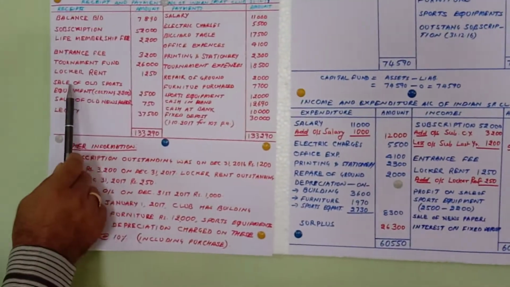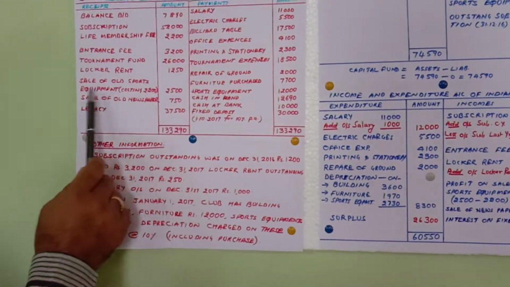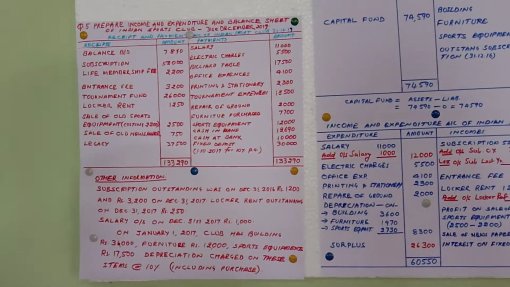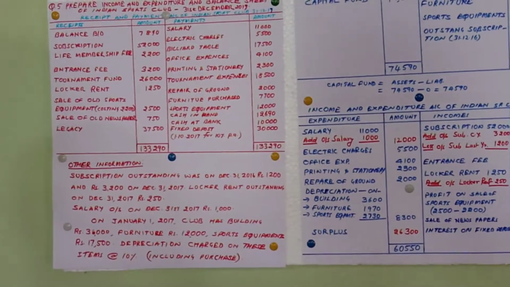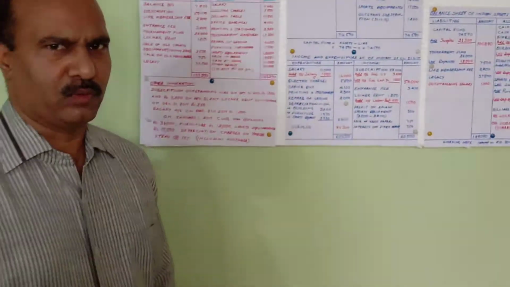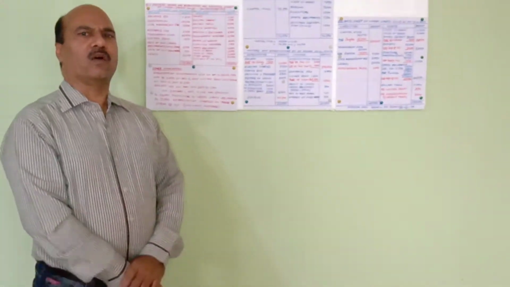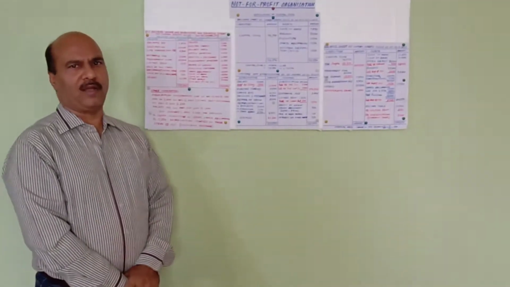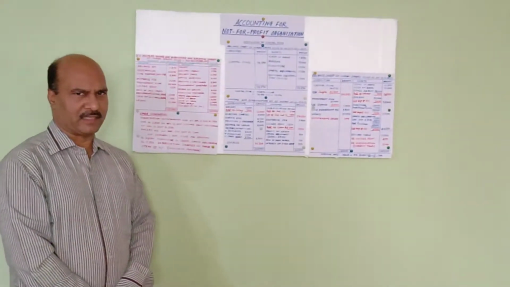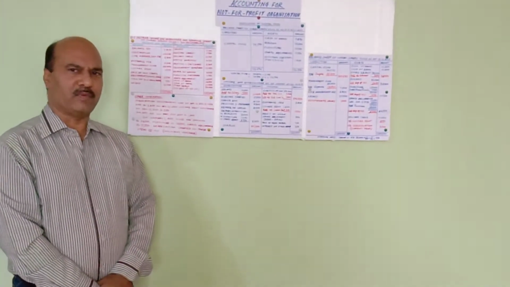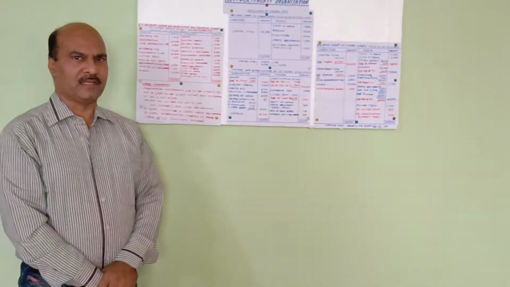Then sale of old sports equipment. Now here the concept is sale of old sports equipment or sale of any assets. In my previous lessons also I told you, in case there is a sale of an asset, we need to check whether there is a profit or loss on that asset. So only the profit or loss of the asset will be taken, but not the complete amount.